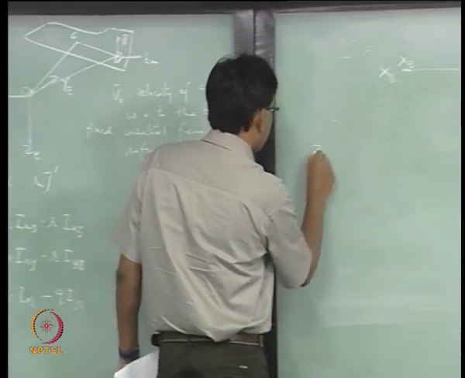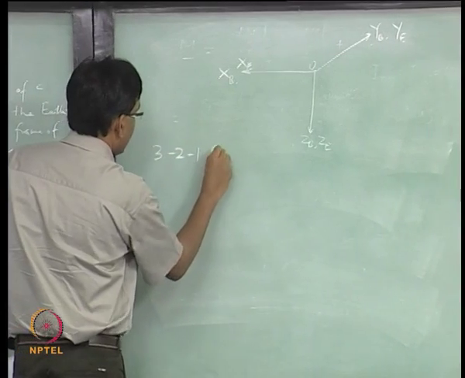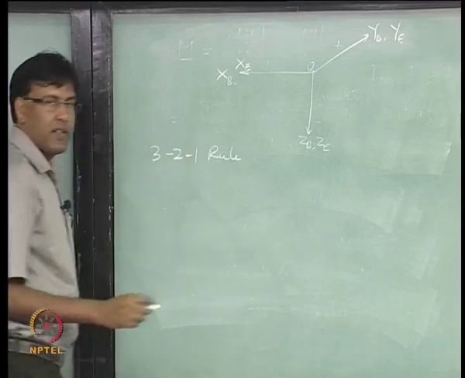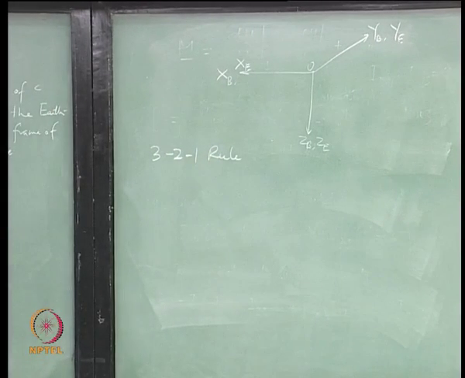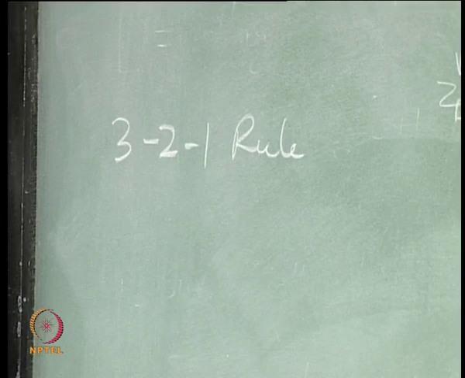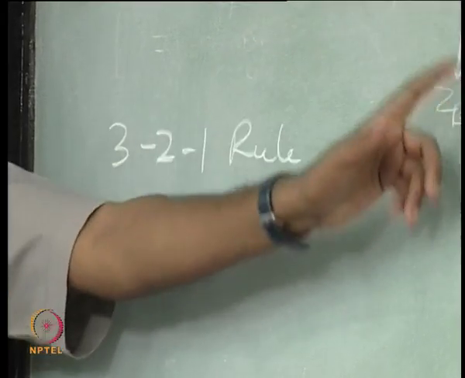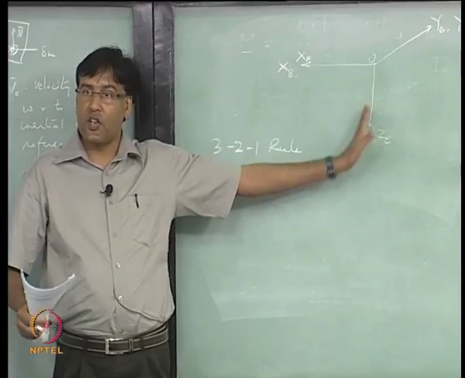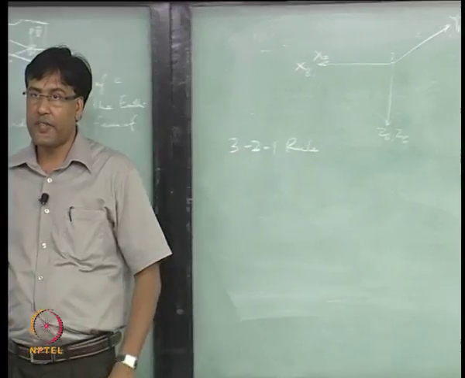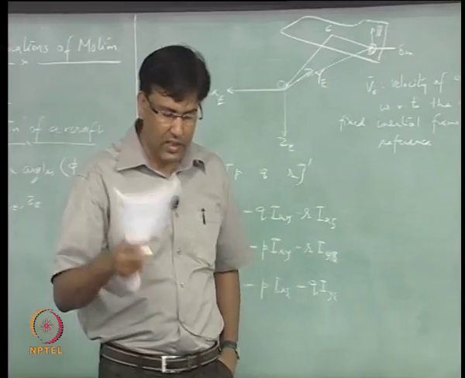So there is a rule. 3 is the first rotation about the z axis, and at this time this z axis is coinciding with the body fixed z axis, the earth fixed z axis, right.